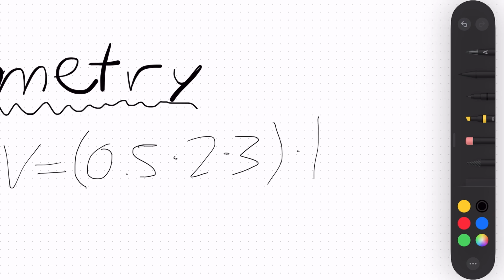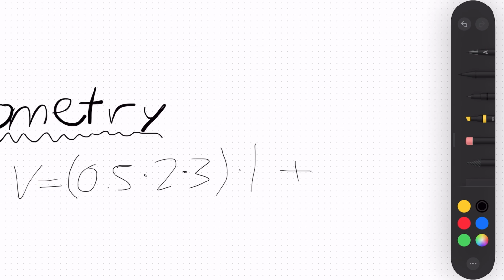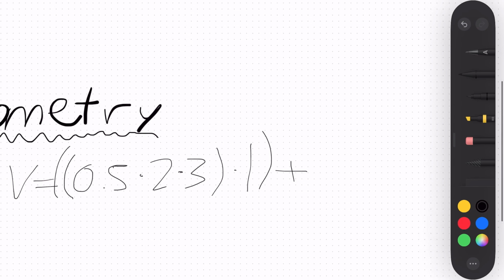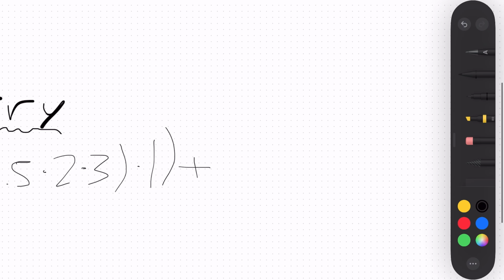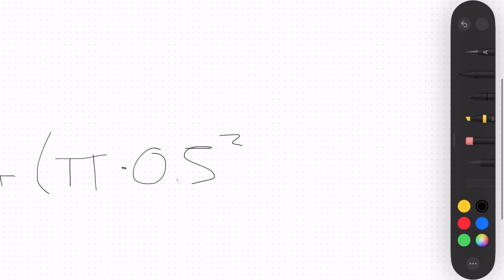And then we have to add the volume of the cylinder, which is just pi times r squared times our height. So pi times our radius squared, which is 0.5 squared, times the height, which is 2.5.